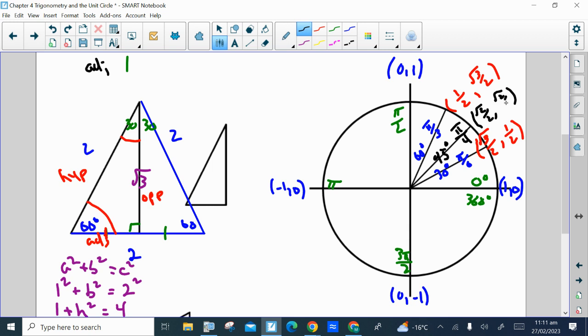And this will also be root 2 over 2. The second number is the sine. All right? Okay.